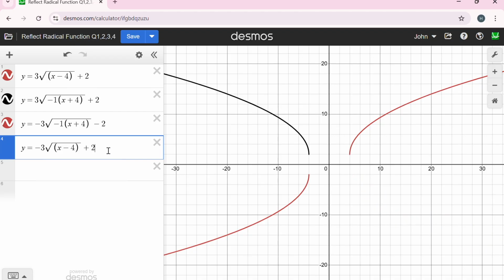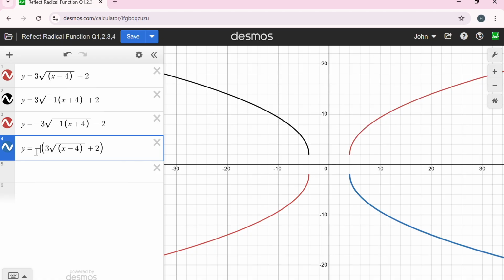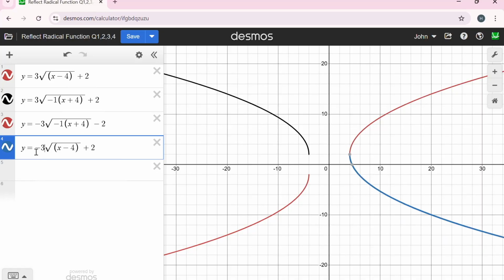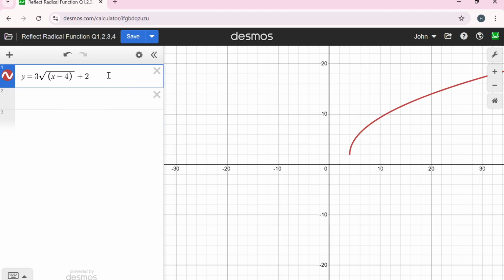Okay, so -2 overall, or the other way to think about it, like I showed before, is if I put a set of brackets around here, and if I make the entire thing negative, that reflects the entire function about the x-axis. And then if I distribute that, well, we know what it looks like.